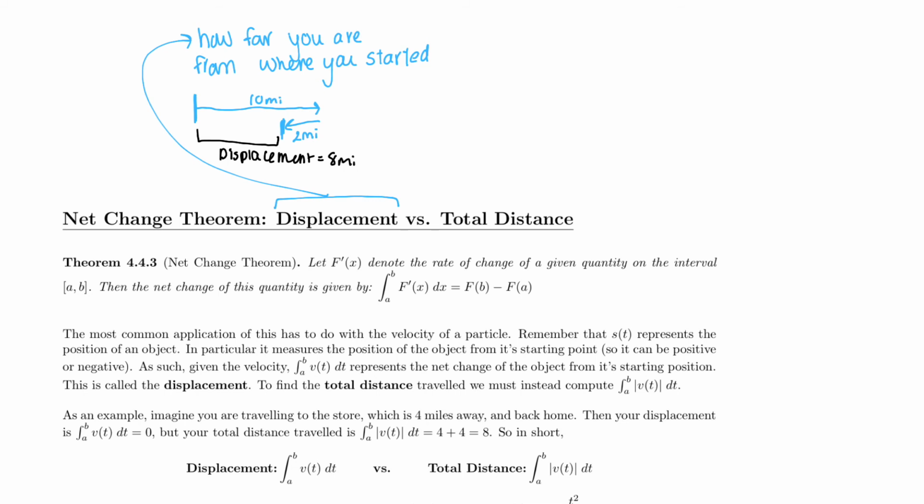Even though I walked 12 miles, my displacement is 8 miles because that's how far I am from where I started. The idea of total distance, on the other hand, is just how much total distance did you travel.